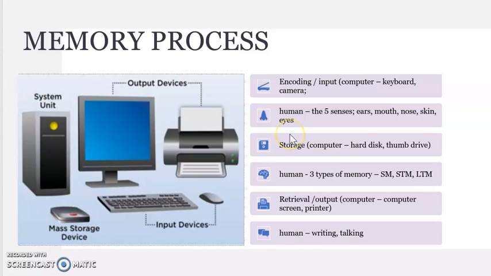In a computer, once we receive all the input, we store it in our hard disk or thumb drives. But in humans, we store our memories in three types: sensory memory, short-term memory, or long-term memory.